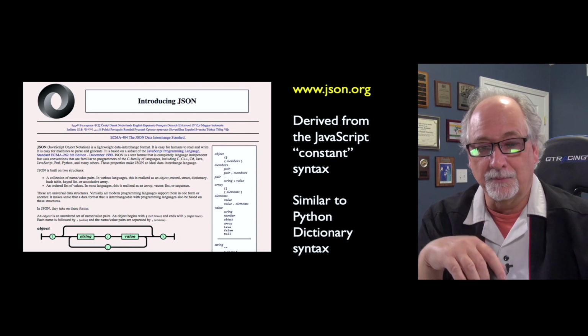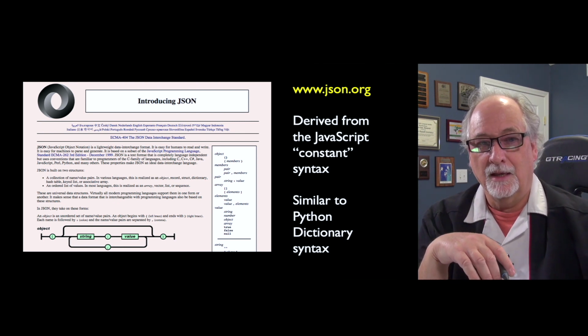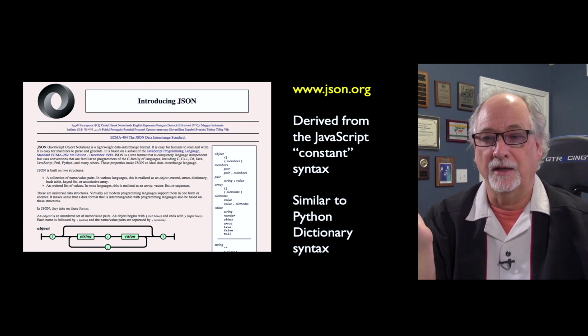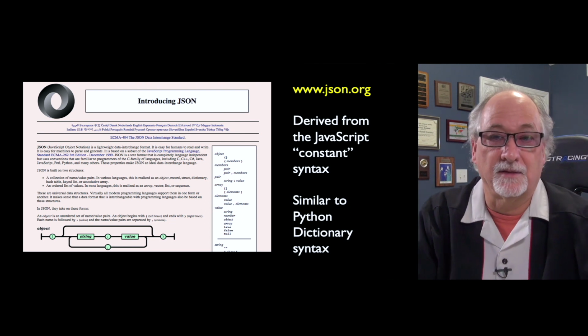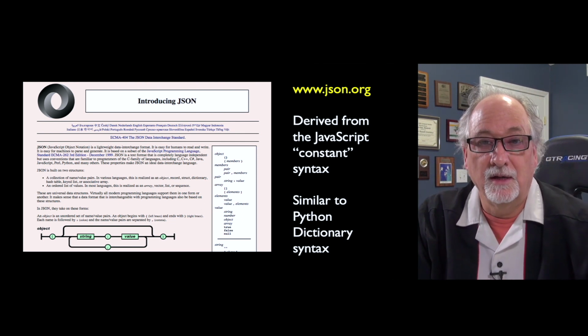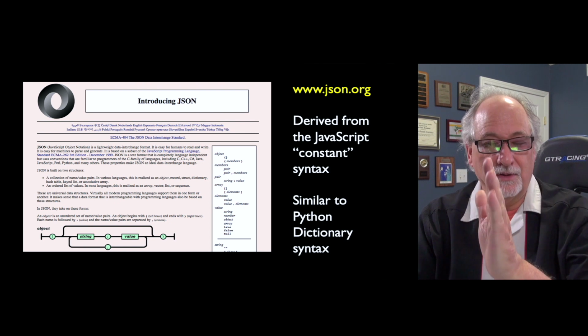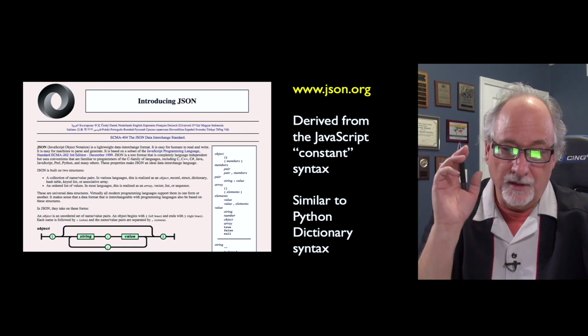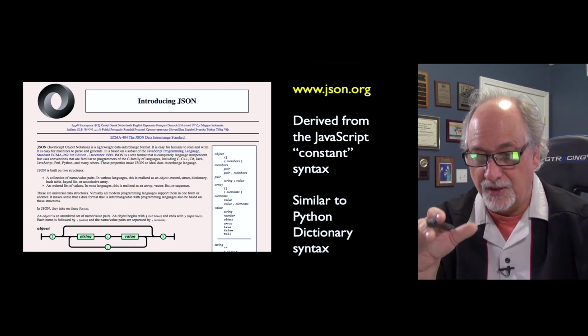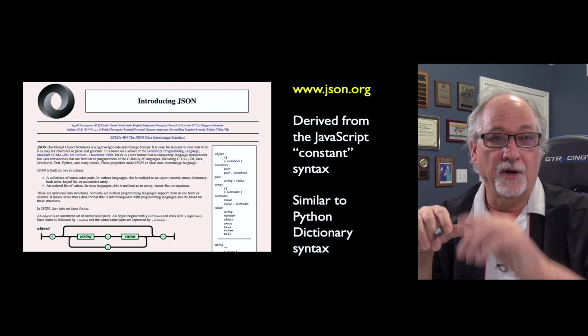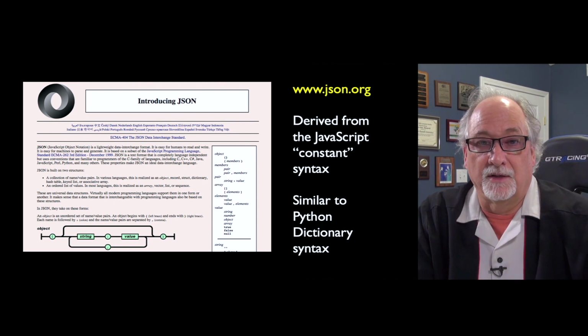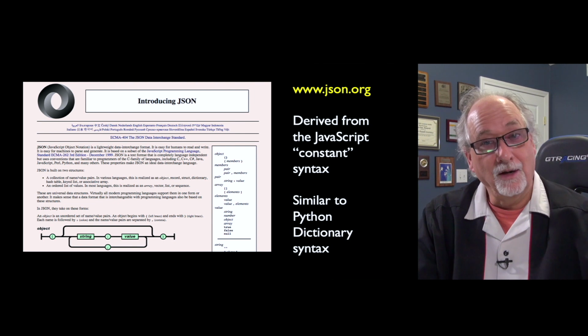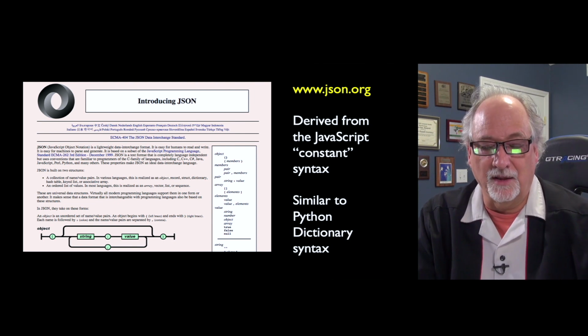One of the problems is it was almost underwhelming, the idea that you just take this constant format, the syntax for JavaScript constants, and you turn it into a standard that says everyone, Java, C++, C#, C, whatever the server language, you've got to write JavaScript. People are like, I don't know, that's not a standard, you just made that up. And he's like, no, JavaScript is as much a standard as anything else.